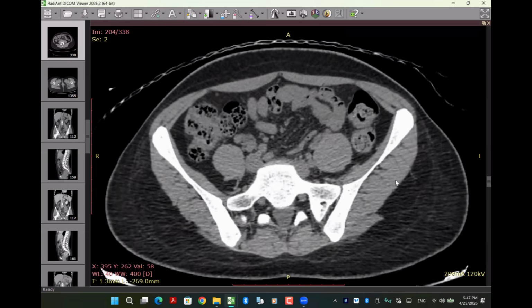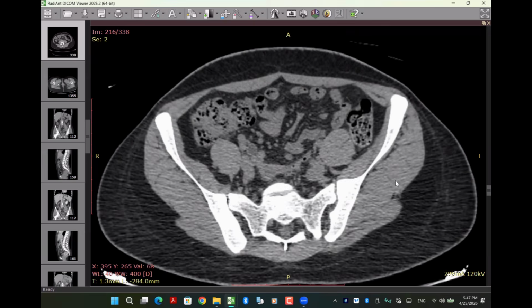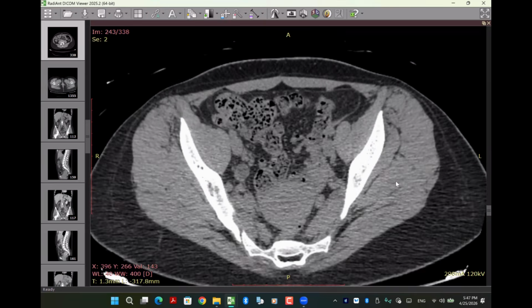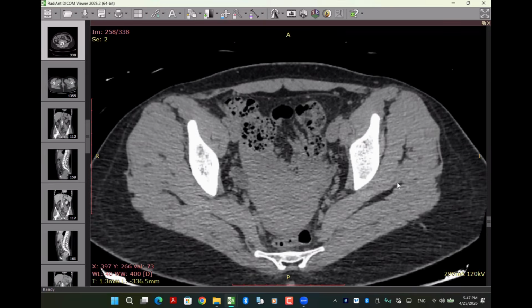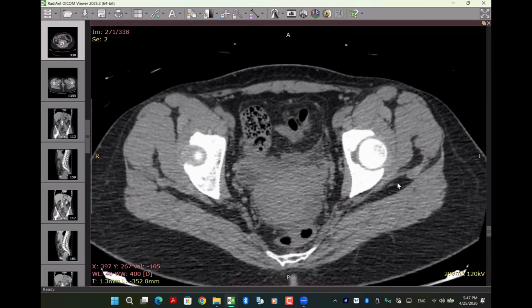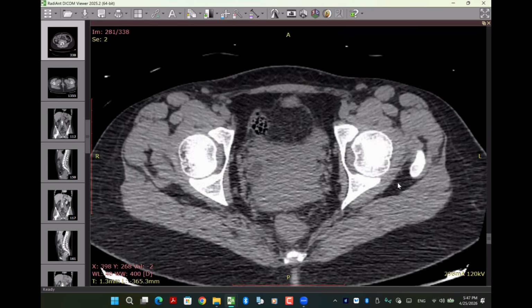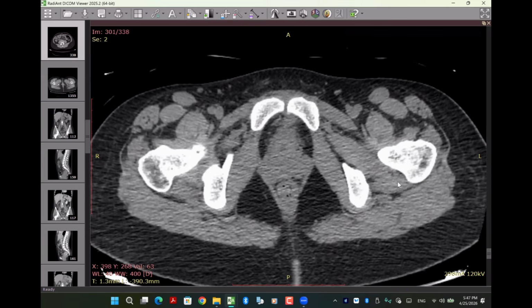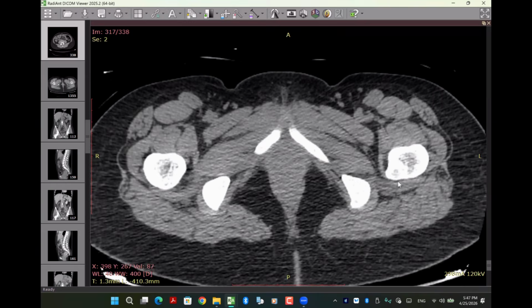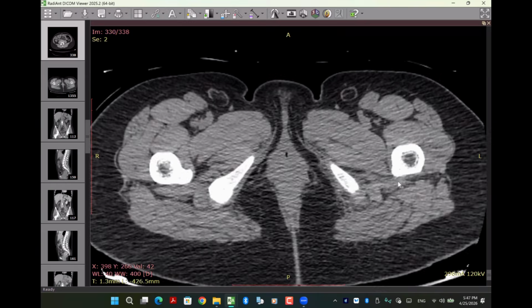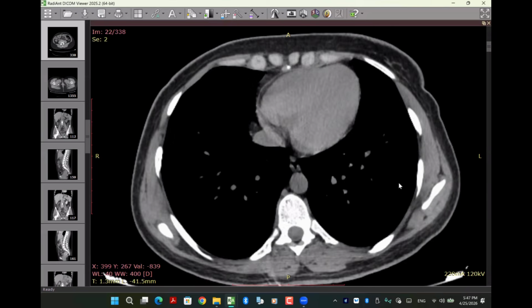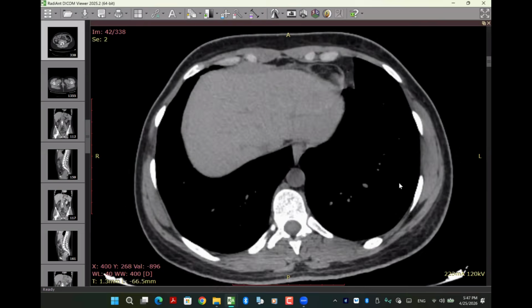I'm going inferiorly. The right ureter is following on the psoas muscle, but there is slight thickening noted in the wall of the right ureter as it goes inferiorly. I could not see any stone in the right kidney, and I cannot see the urinary bladder because it appears collapsed. Now I will see the left kidney.